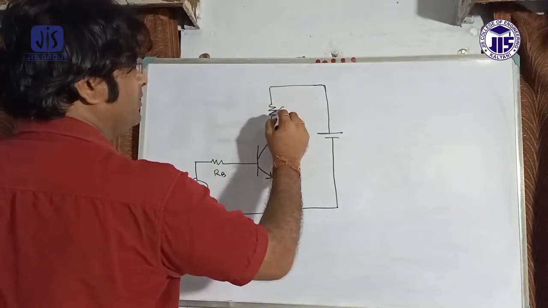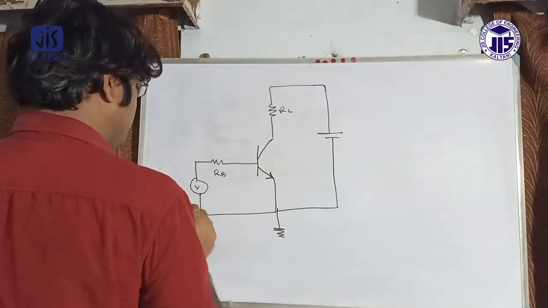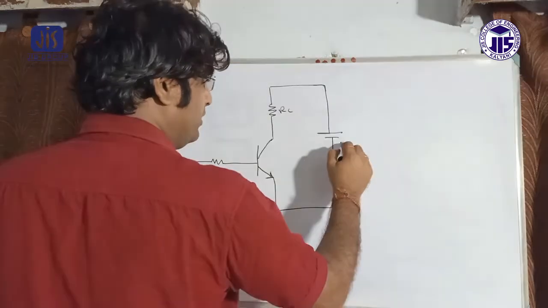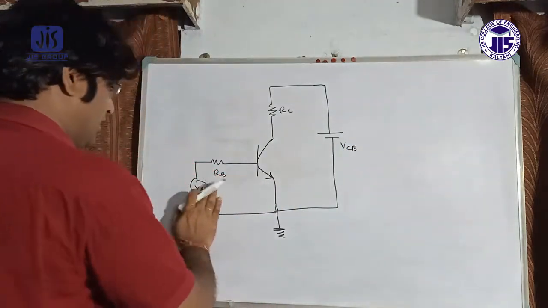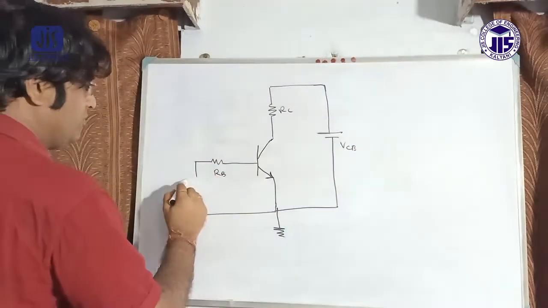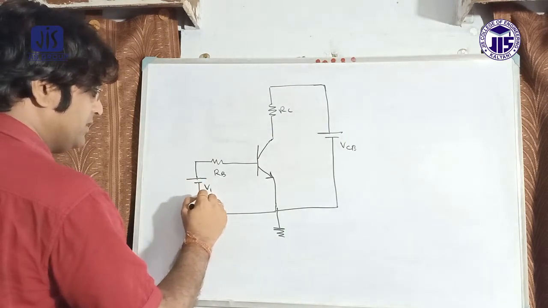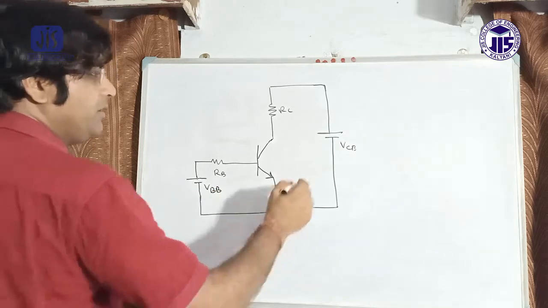This is RB, this is RC, this is VBB, this is VCC. I am just representing them as DC sources like that.